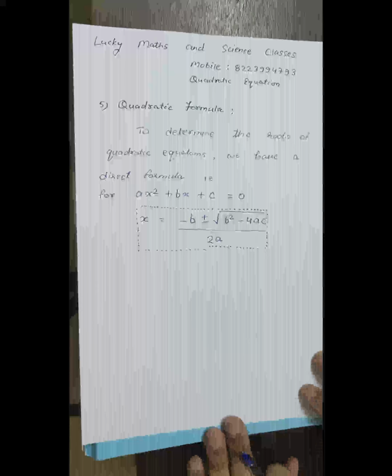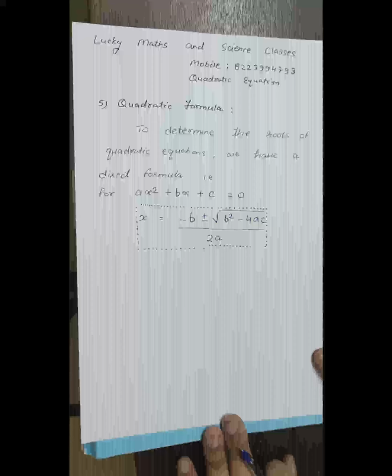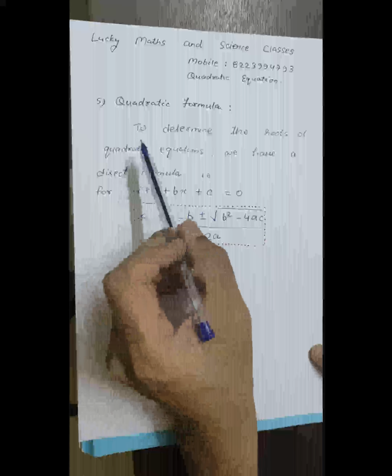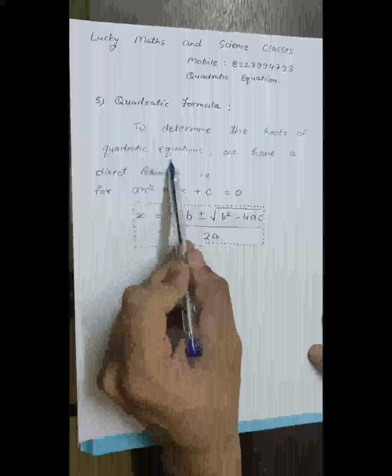After understanding the concept of roots, now we need to learn how to find the roots of a given quadratic equation. There is a direct formula to determine the roots of quadratic equation.